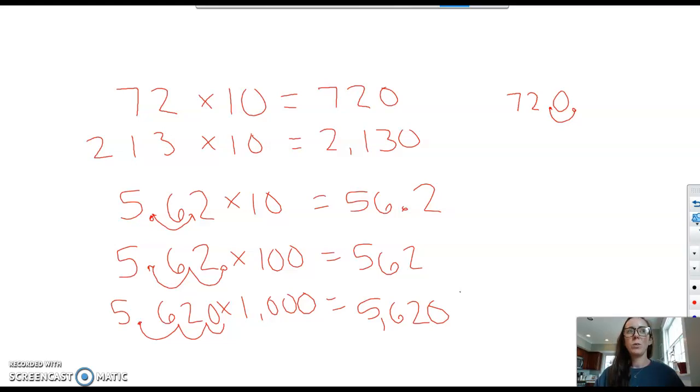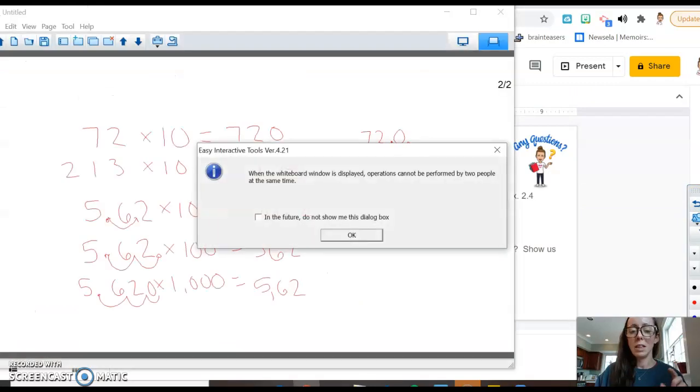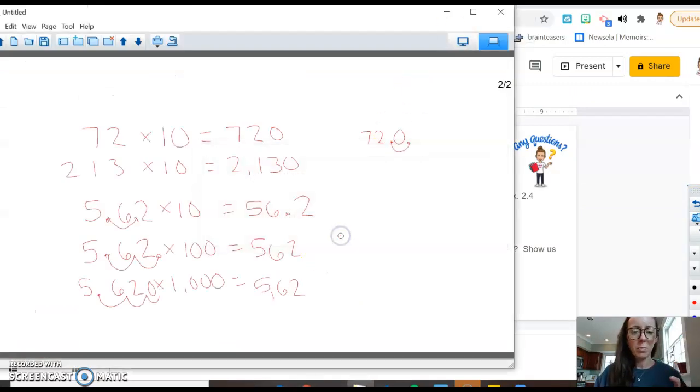So what you need to think about is, if we're doing that work for multiplying by 10, 100, and 1000, how would it be slightly different when we are dividing by 10, 100, and 1000? Think of when we're multiplying, the numbers are getting larger, and when you're dividing, the numbers are going to get smaller. So think about how that slight shift is going to happen.